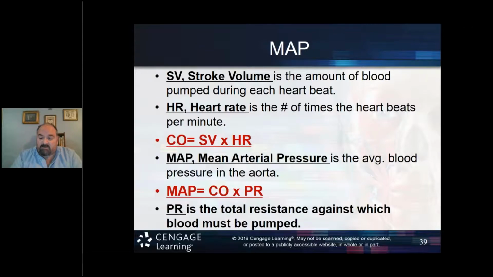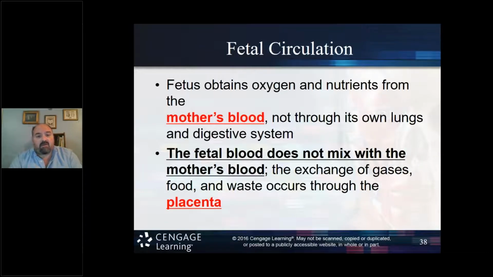So here we're talking about, right there, okay? The fetus obtains oxygen and nutrients from the mother's blood, not through its own lungs, right? Because we're not oxygenating the blood just yet as a result of respiration.